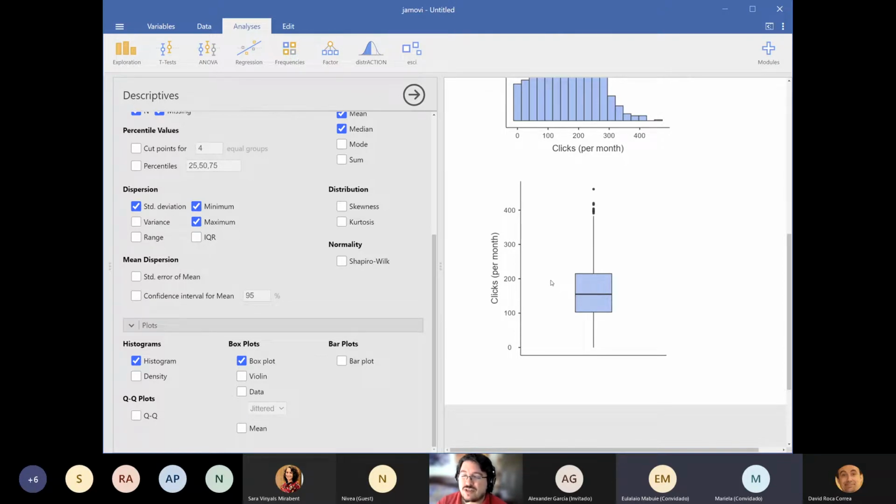So by definition, we say if the distance is this many times the interquartile range, we say, okay, perhaps those points are problematic.